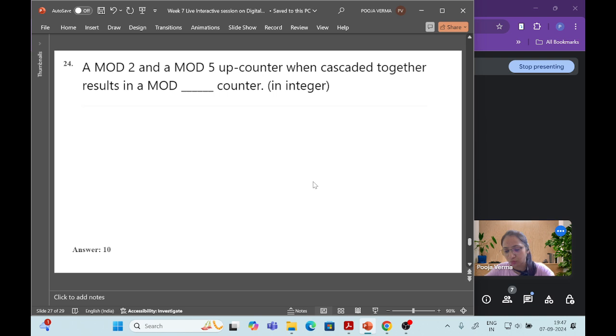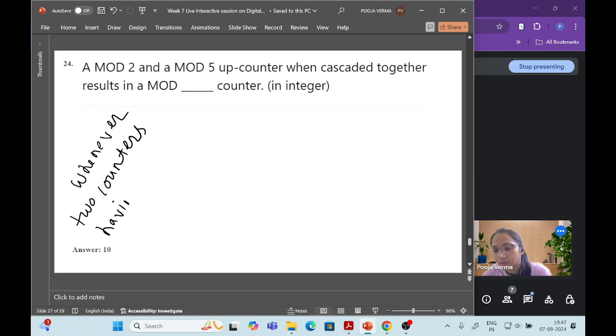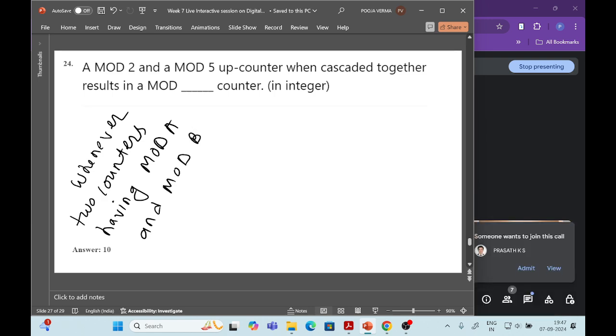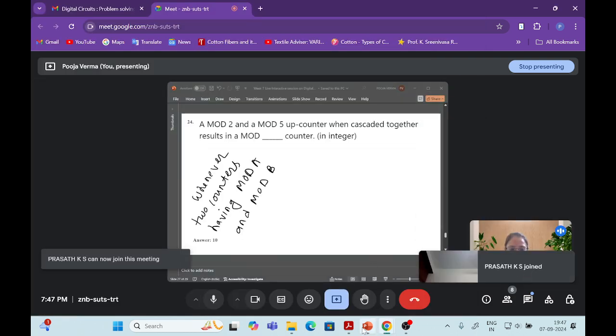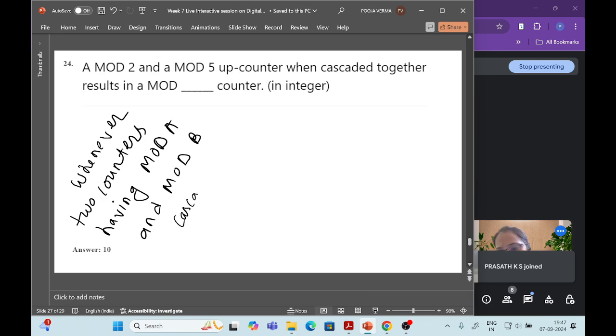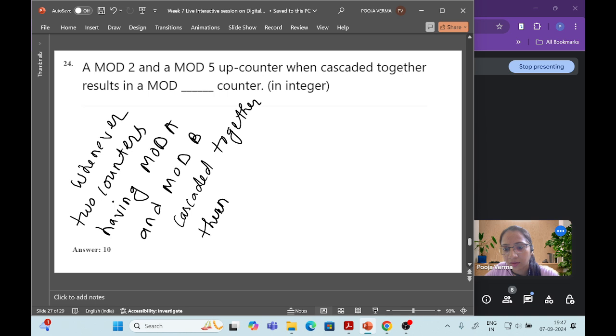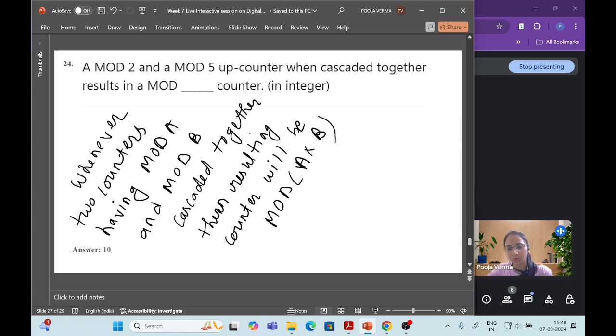Whenever two counters having mod A and mod B are cascaded together, then the resulting counter will be mod A into B. The overall counter will act as a mod A into B. Here mod 2 and mod 5 are given.